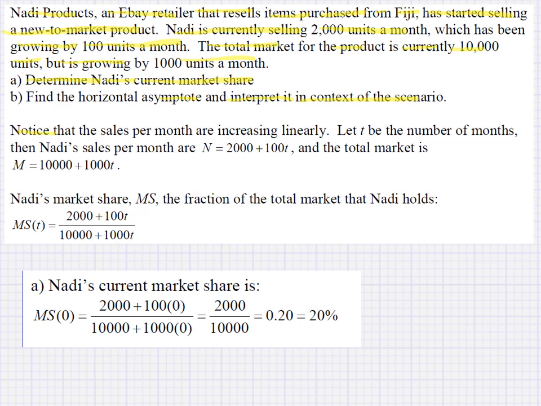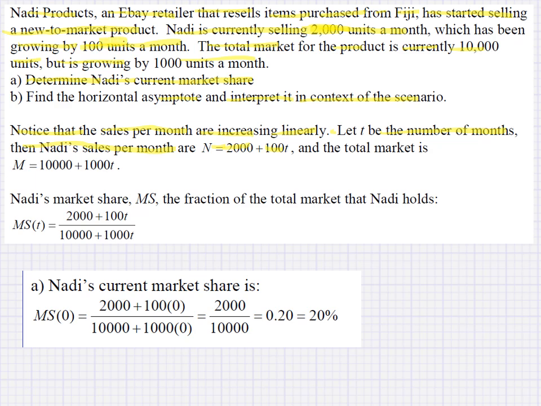So the sales per month are increasing linearly. Let T be the number of months, then Natty's sales per month are going to be 2,000 plus 100T. Why? Because she's currently selling 2,000 units a month and growing at 100 units per month.